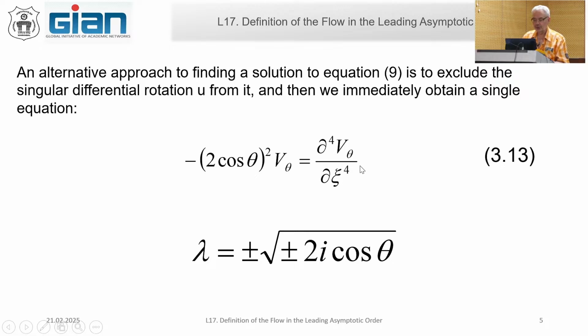This fourth order equation has a solution with a characteristic equation which looks like that and determines this lambda. It has two signs, plus minus and plus minus, so finally it constitutes four solutions.